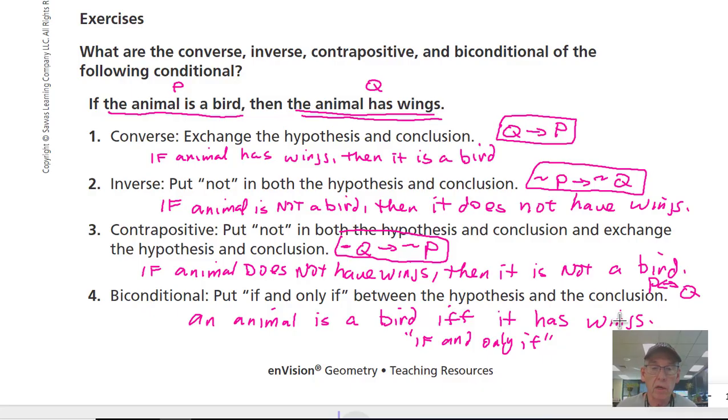So that would be the biconditional. An animal is a bird if and only if it has wings. You also could have written, an animal has wings if and only if it is a bird. Either one of those would be a biconditional form of that.